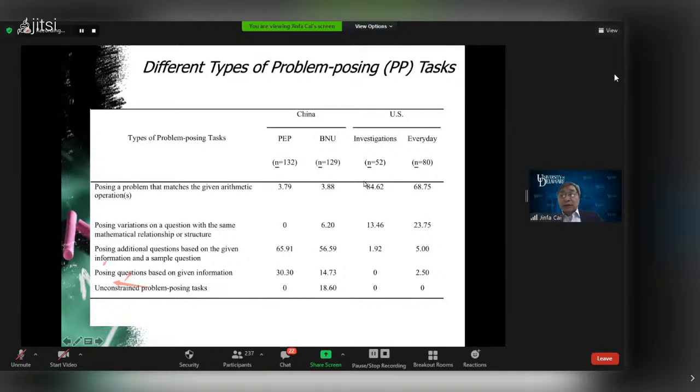I don't know the reason, and I couldn't interpret why that's the case. Apparently, a larger percentage of the problem posing tasks in the 2 US series are based on arithmetic operations. But for the Chinese textbooks, the vast majority involve giving a situation and a sample problem, then asking them to pose additional problems.